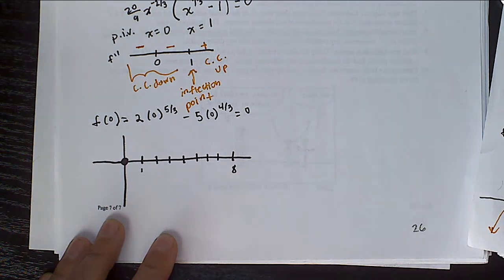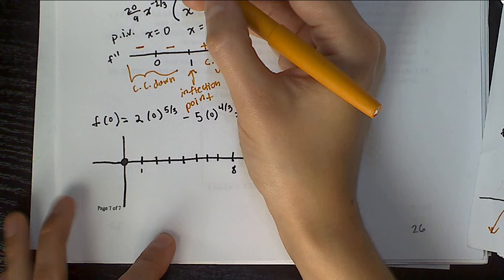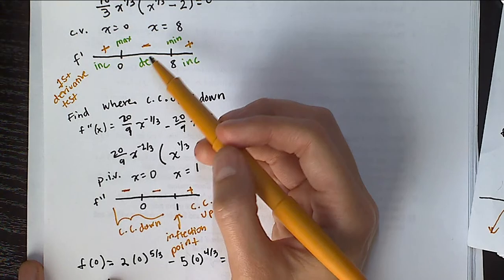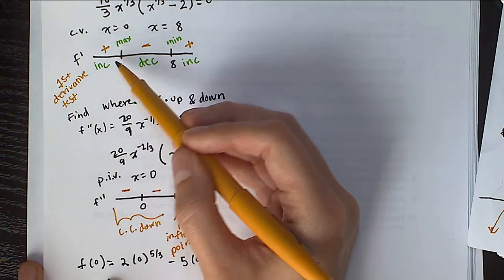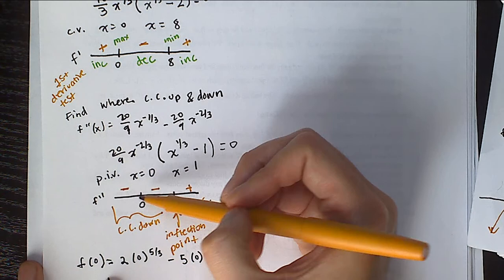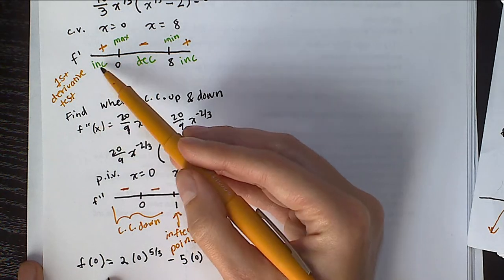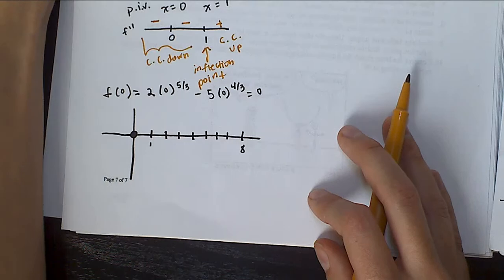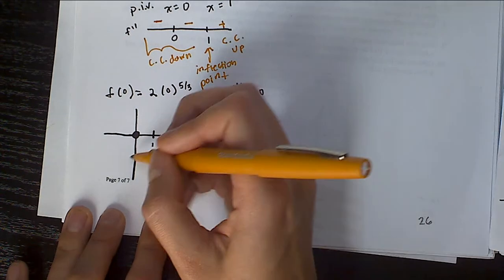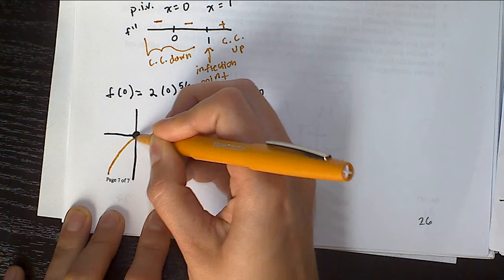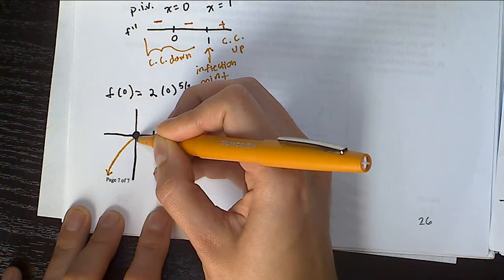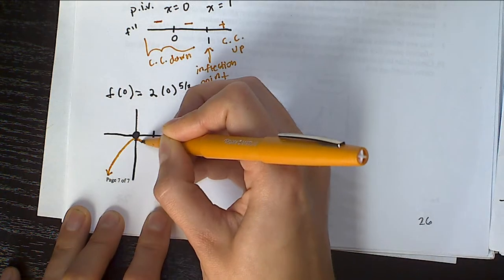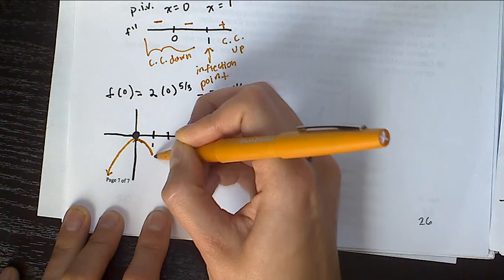So I have a minimum at x equals 8. I know that I'm increasing before I get to 0 and concave down, and then I start decreasing and still concave down until I get to my inflection point of 1.